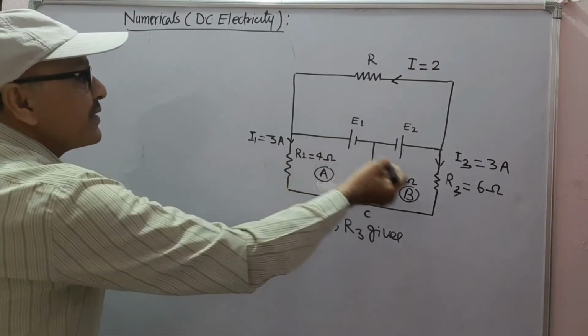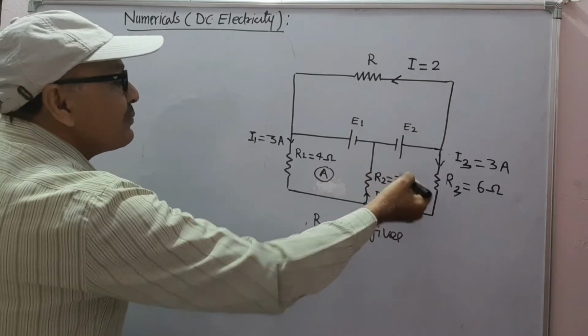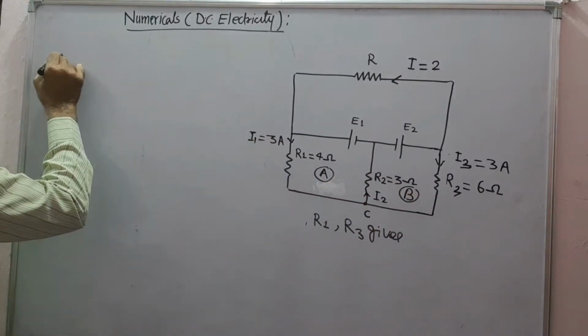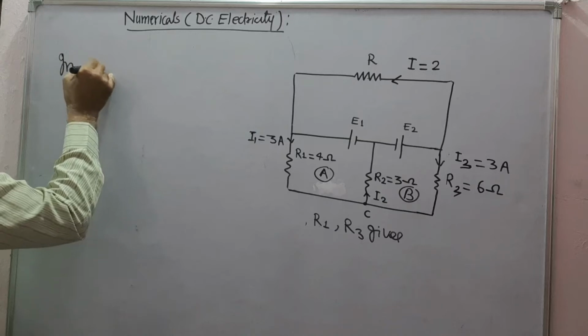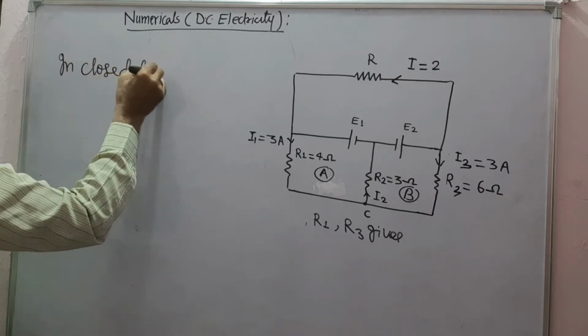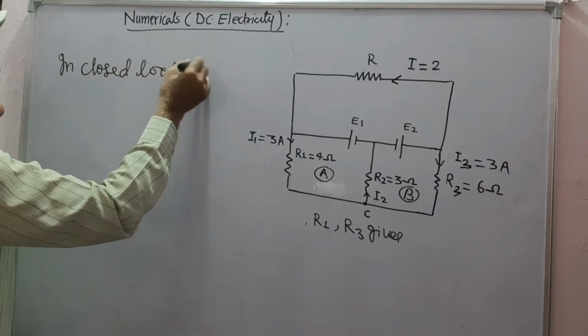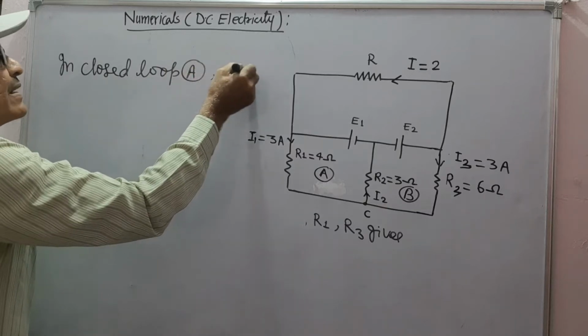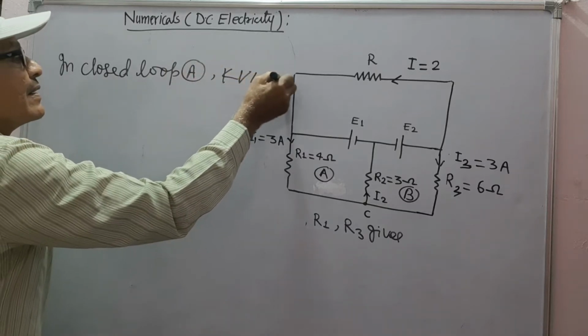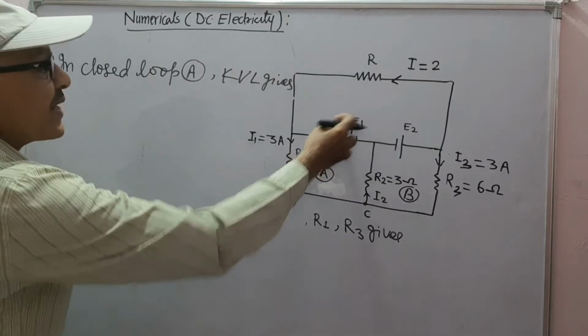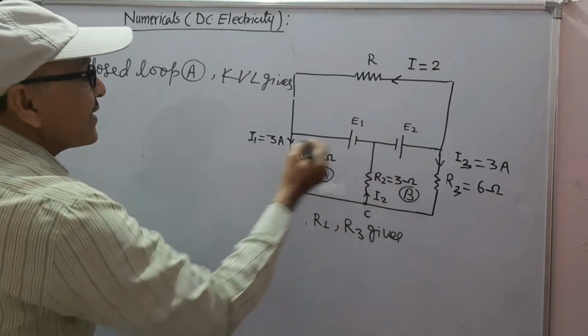Suppose this is loop A, and this is loop B. In closed loop A, KVL gives sigma EMF is equal to sigma IR.